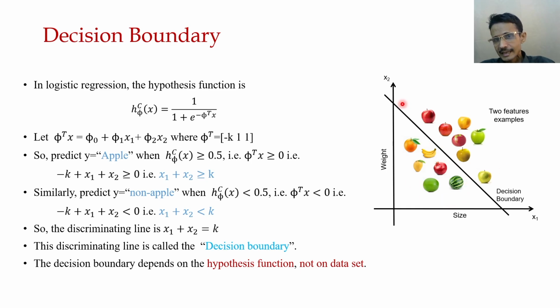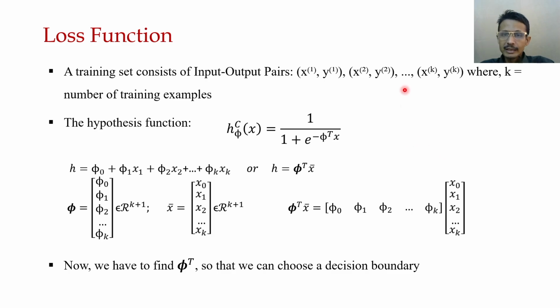And the question is how we can get this decision boundary that clearly separates these two sets of data. To answer this question, we first have to understand the setup of our problem.